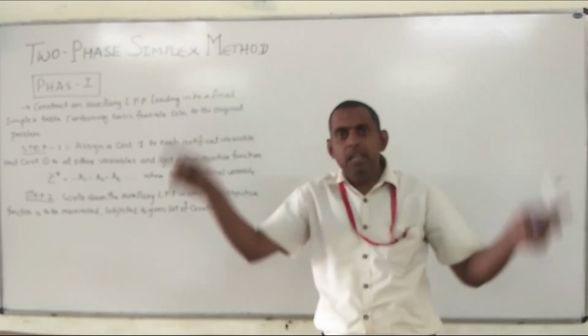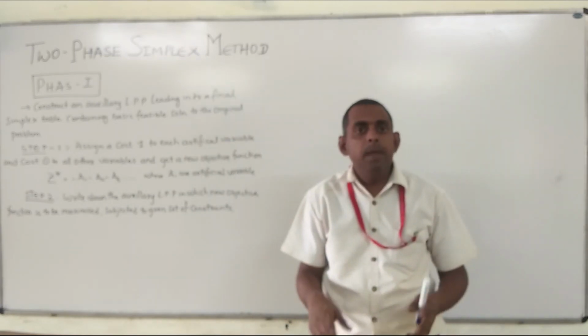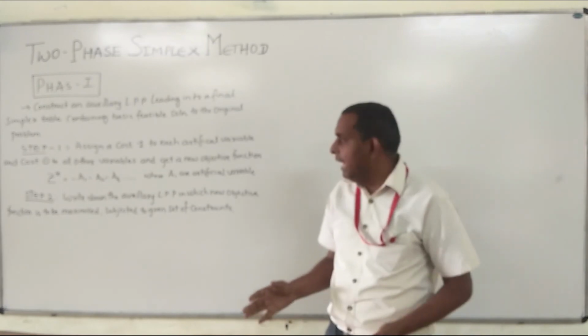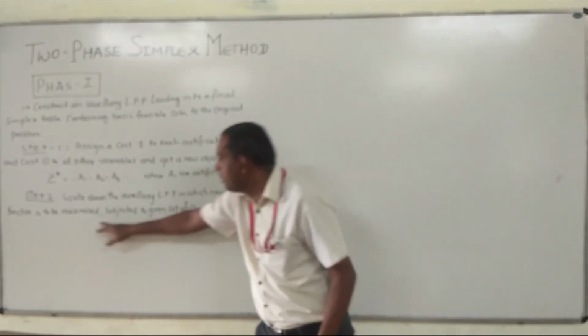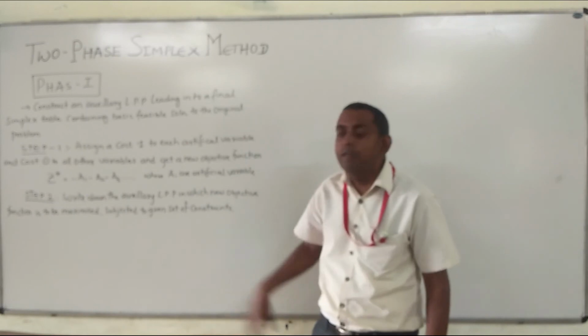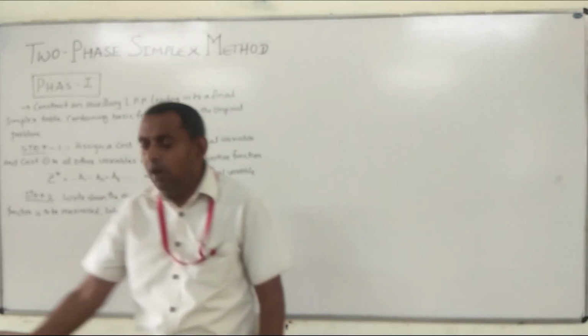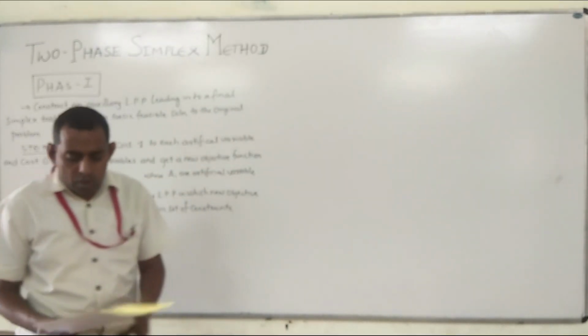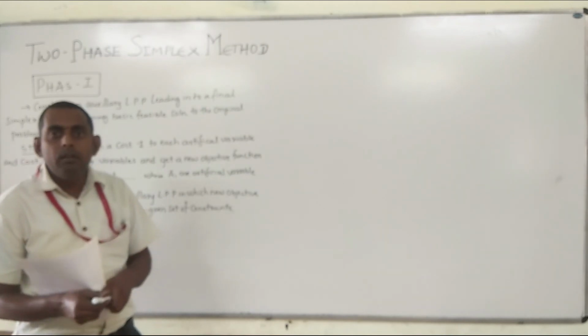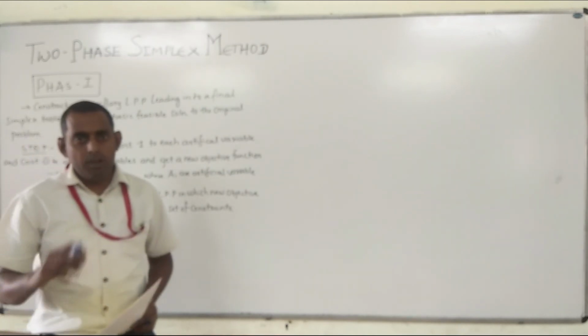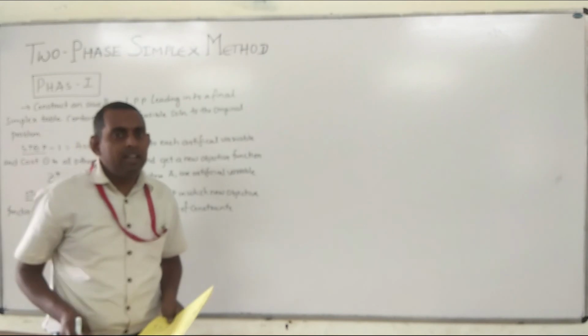That complete LPP is called the auxiliary LPP, to be maximized subject to the set of constraints. So in step 2, we write down the auxiliary LPP. The remaining stuff will be explained in the next session.